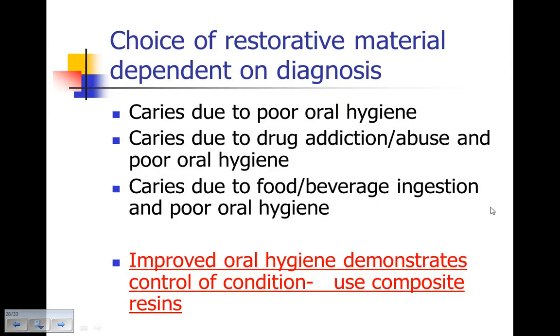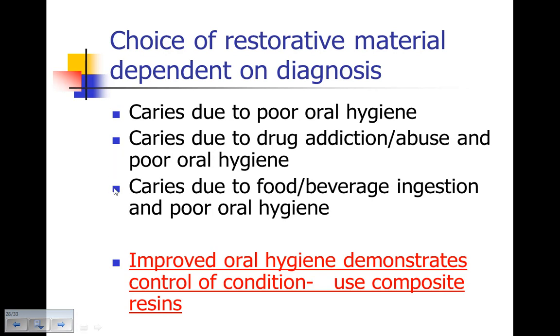Our choice of restorative material depends upon the diagnosis. I repeat this several times because some people get locked into they always use composite for Class V's, or they always use glass ionomer. In fact, we choose by the circumstance. Caries due to poor oral hygiene, due to drug addiction and abuse, those high caries risk patients.